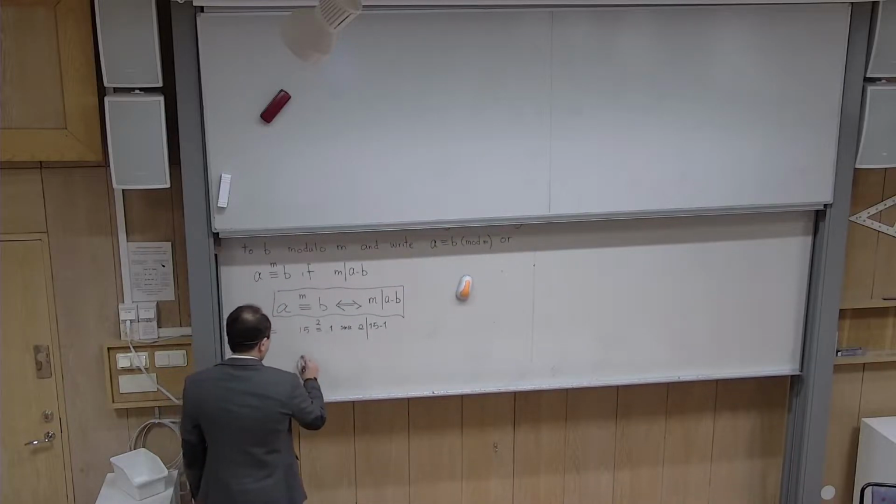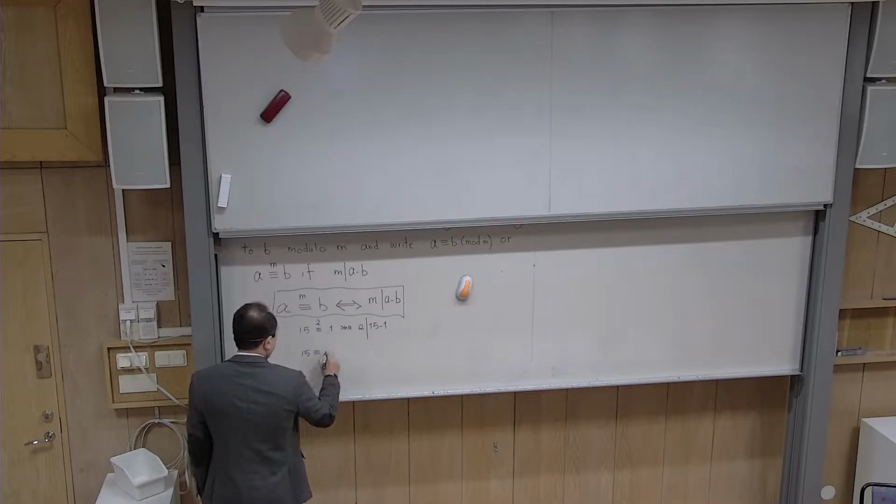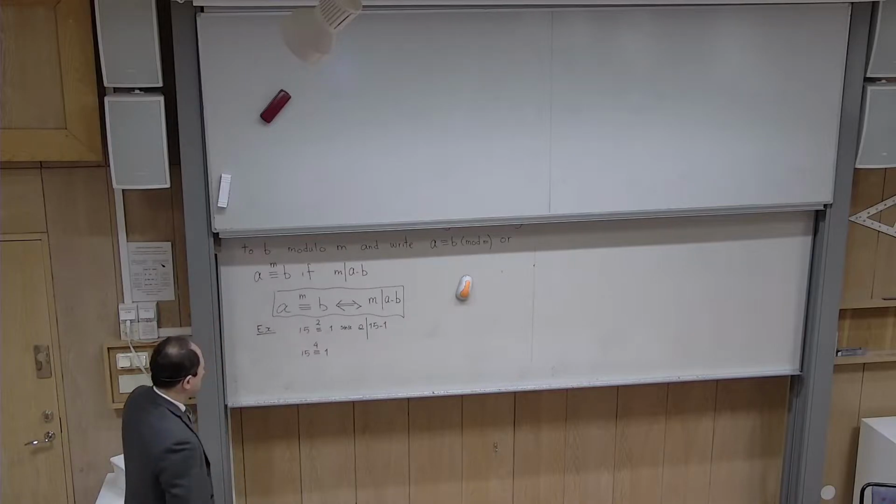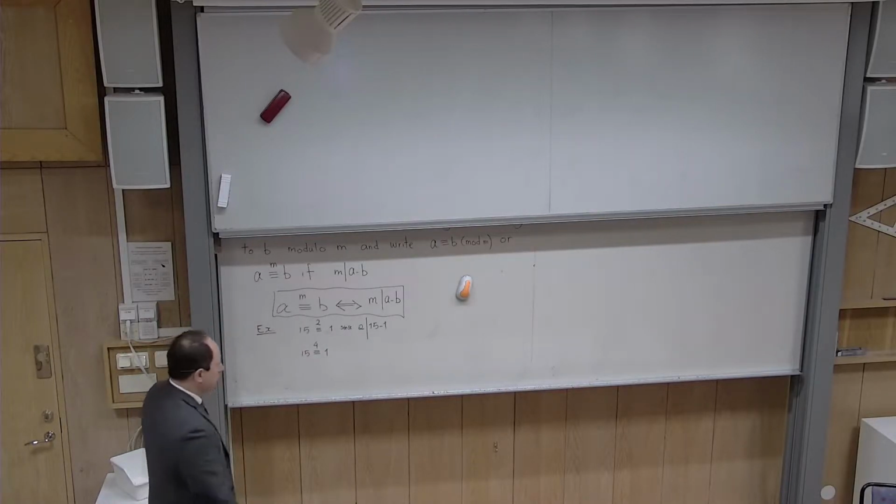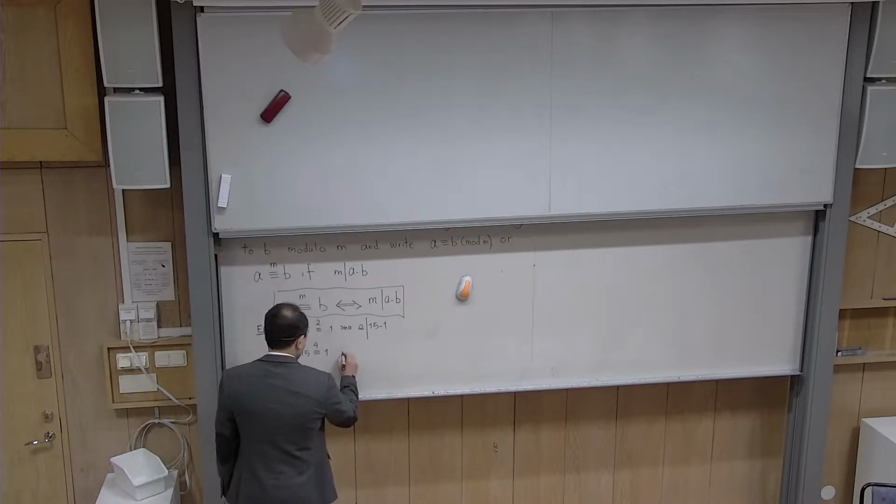But for example, 15 congruent to 1 modulo 4. Is it true or false? This is false, yes?